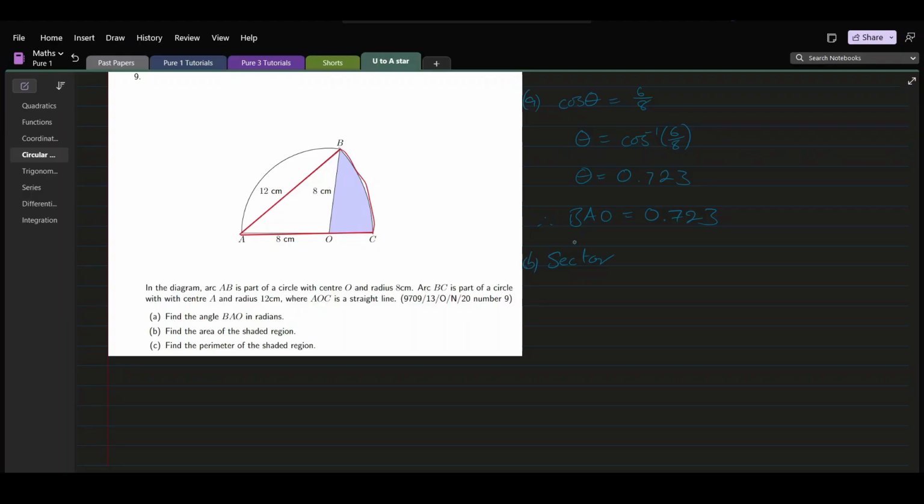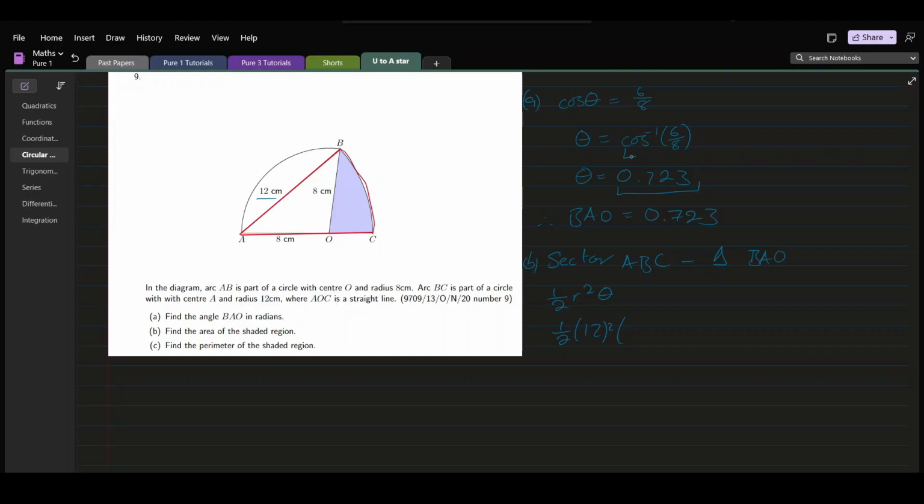So we're saying, this is part B, the area is sector ABC minus our triangle BAO. Okay, so to get the area of sector ABC, we're going to say half r squared theta. In this case, our radius is this 12 over here. Half times 12 squared times theta, which we evaluated in part A, which is 0.723.